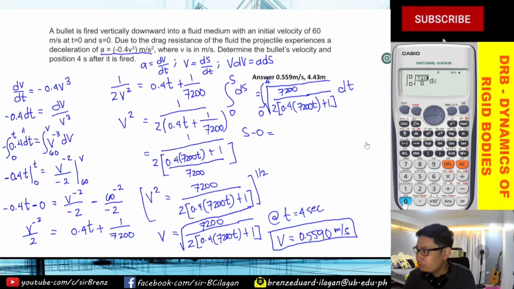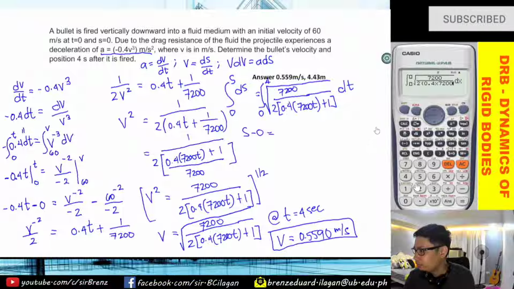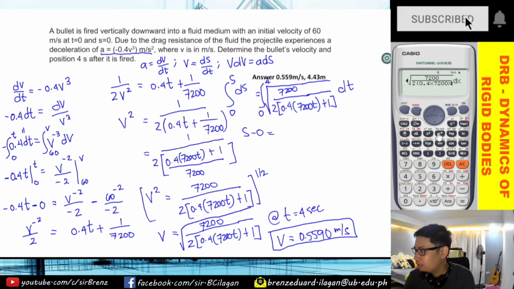So, 7,200 then divided by 2 then the quantity of 0.4 times 7,200. So, ito gawin ko siyang x. And then, tama ba? Plus 1.